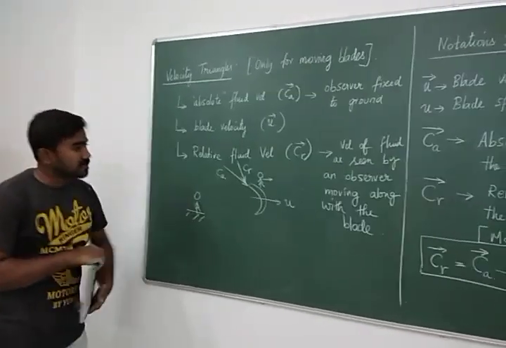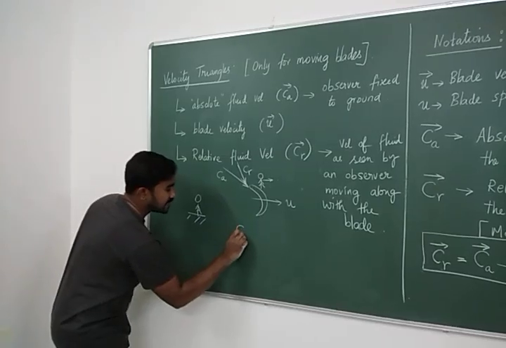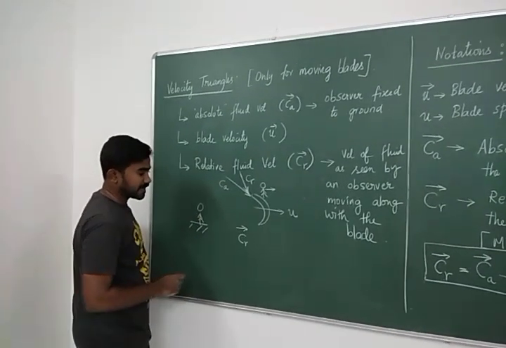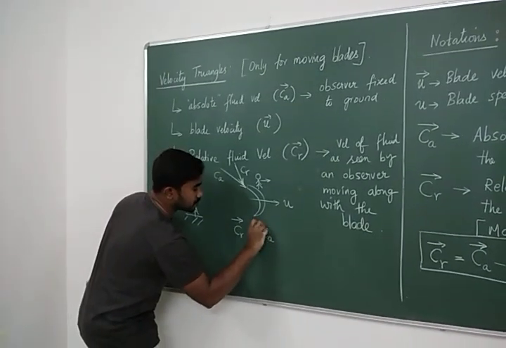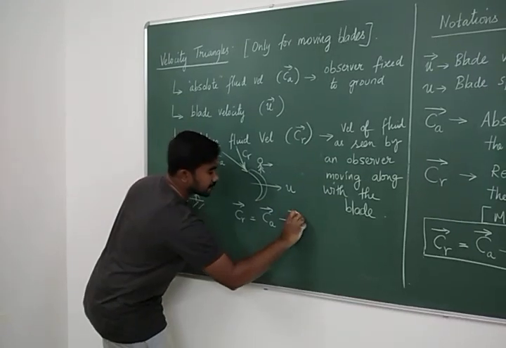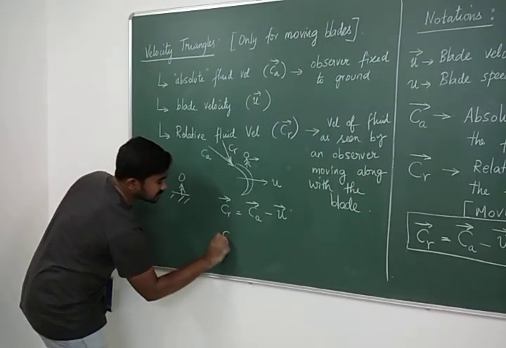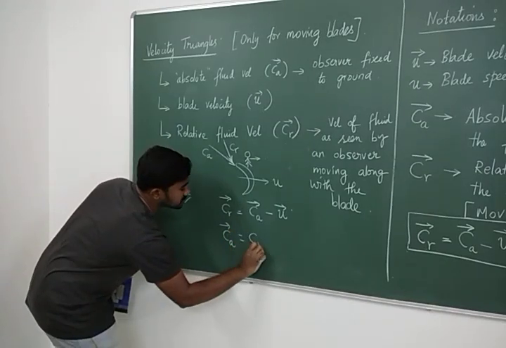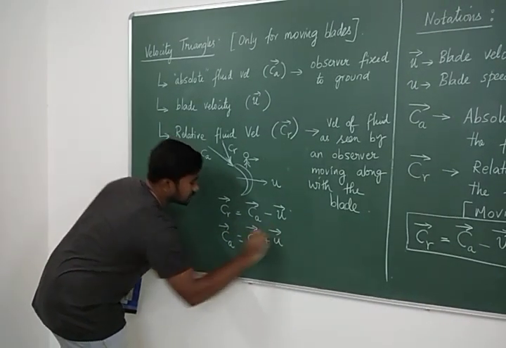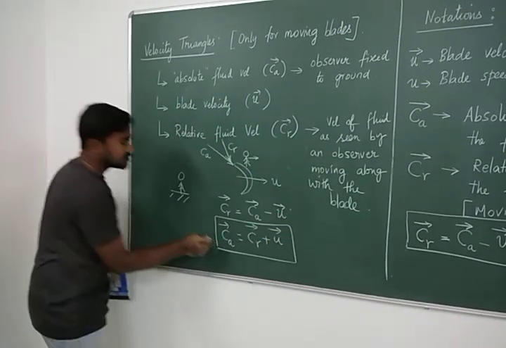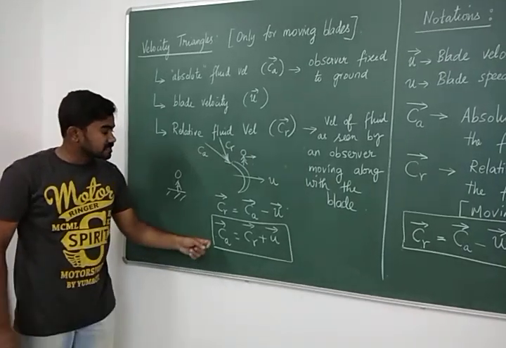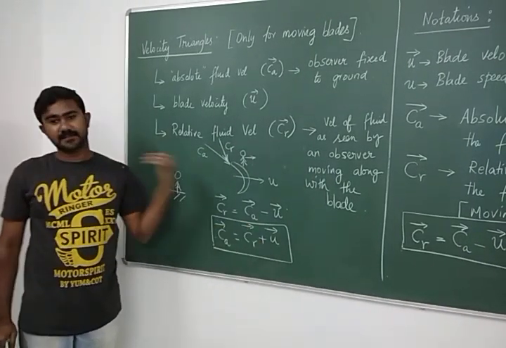Now what is the relation between them? The relative velocity, this is the definition from mechanics, is the absolute velocity minus the blade velocity. On rearranging, you have CA equal to CR plus U. This is the rule that is obeyed by these three velocities in the velocity triangle.